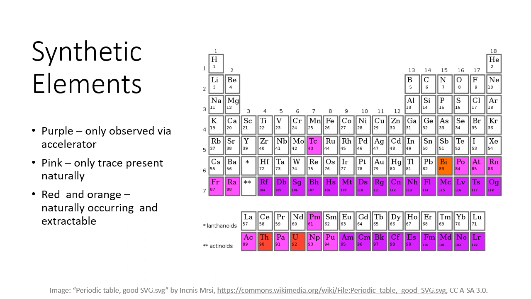The stuff in pink is only in trace amounts naturally. And the stuff in red or orange is naturally occurring and extractable. So all of those purple ones are completely synthetic elements. We made them with particle accelerators. They don't exist, as far as we know, otherwise. It would take really, really big stars to make them.